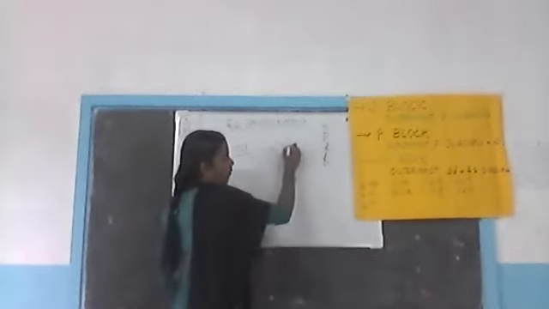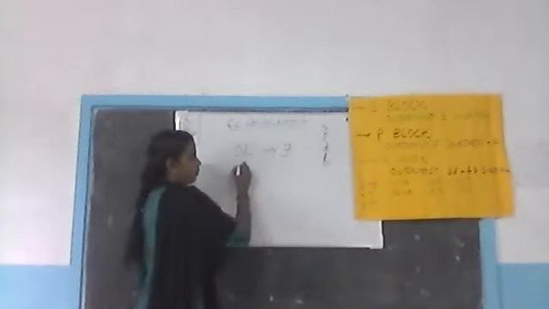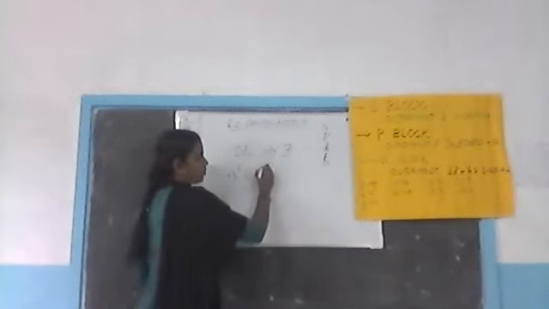So we can see other examples. Next, I am taking the nitrogen element. What is the atomic number of nitrogen? 7. How can you write the electronic configuration for nitrogen? Atomic number 7, so 1s2, 2s2, 2p. How many electrons do we still need? 2 plus 2, 4. So we need 3 more electrons.